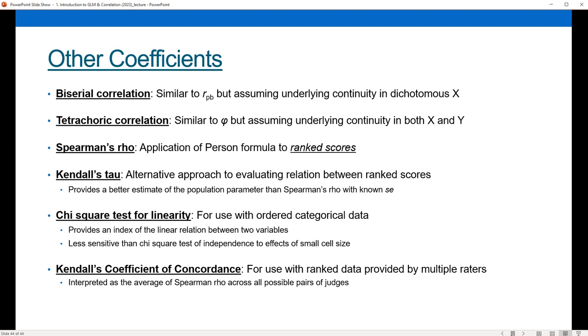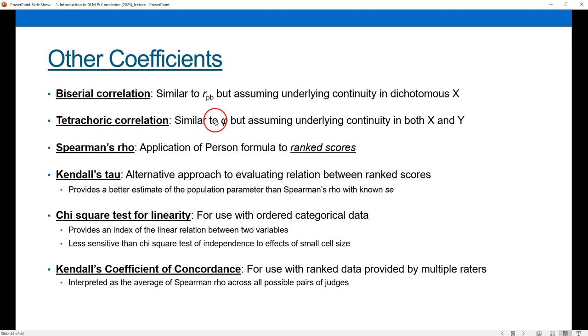If I wanted to recognize that even though I have a dichotomous X value, the underlying construct is likely continuous, what I could do is estimate that with a biserial correlation, okay? It treats that underlying dimension as continuous, recognizing that my physical representation of it is a yes-no or 0-1 variable, but it changes the estimation to assume that the underlying dimension between that dichotomy is actually continuous, okay?